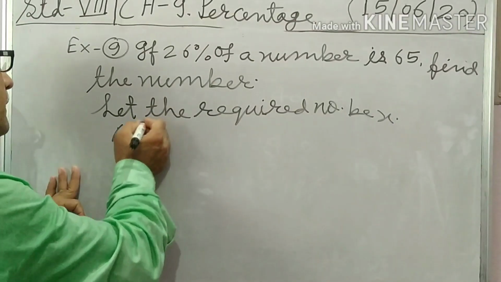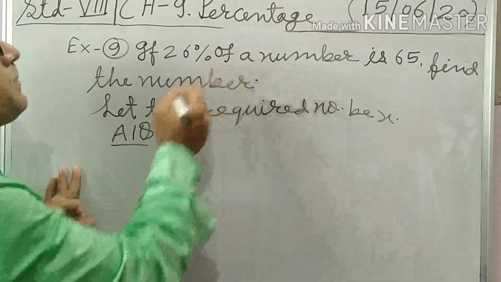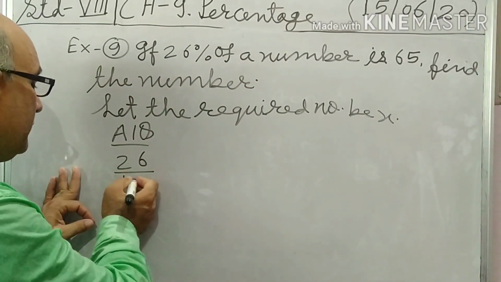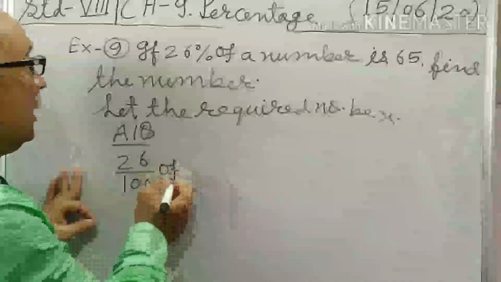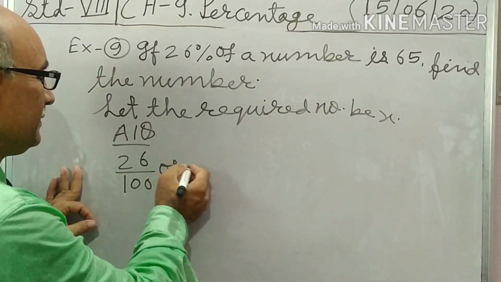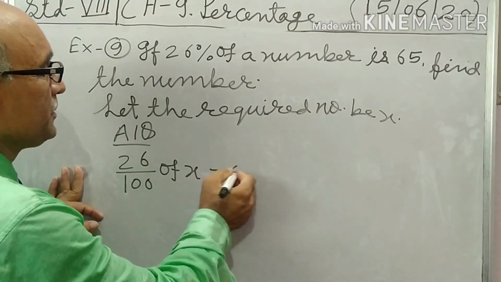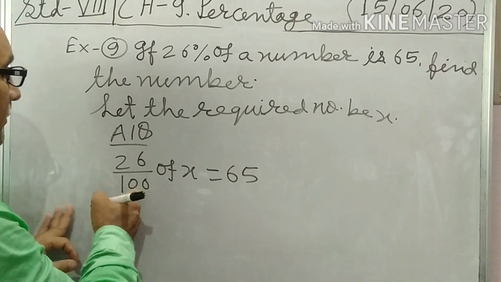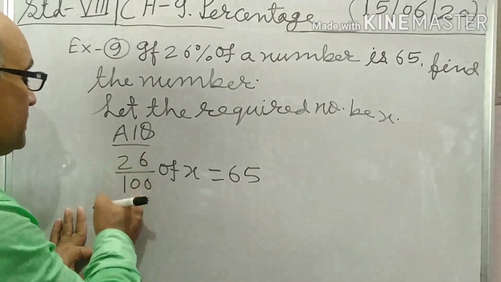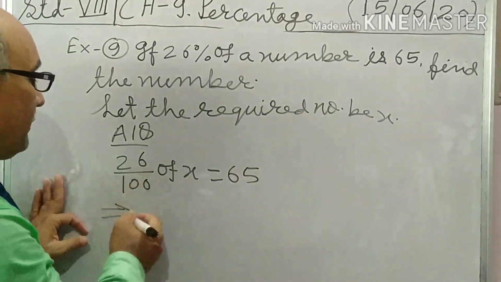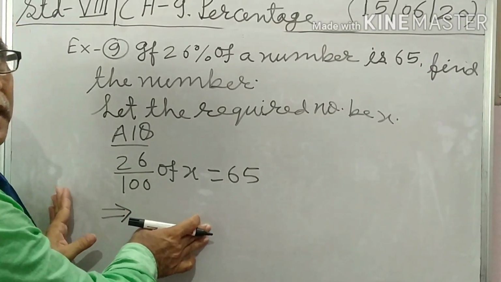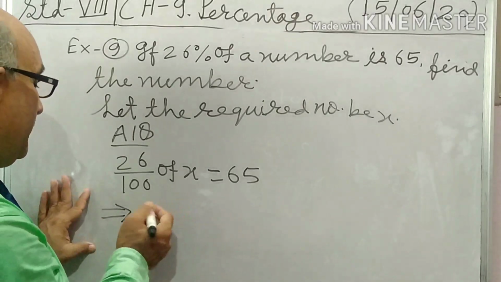According to the question, 26% of a number means 26 by 100 of a number, and the number is x, equal to 65. Now, by transposition, 26 by 100 changes into 100 by 26, because A by B by transposition changes into B by A.